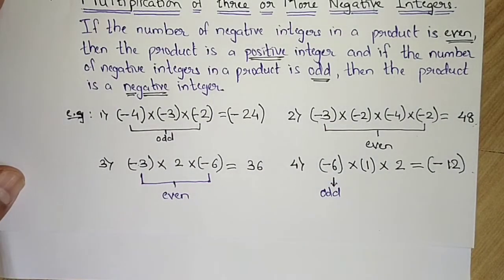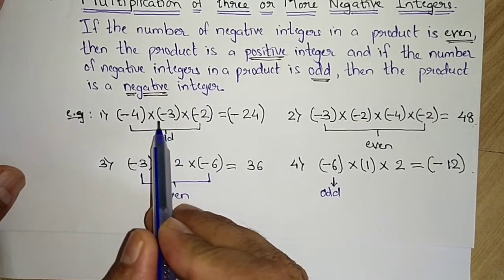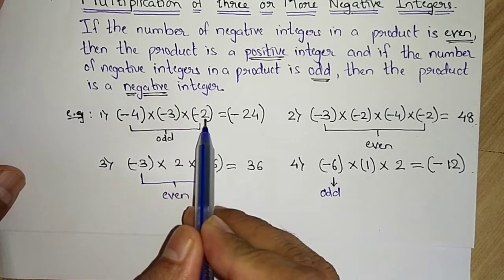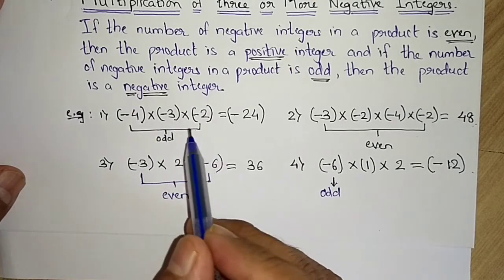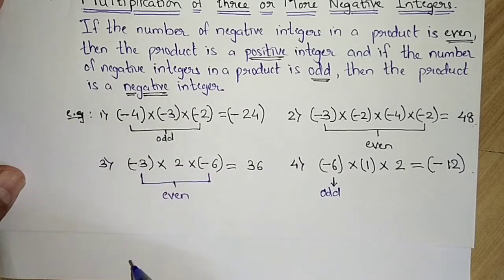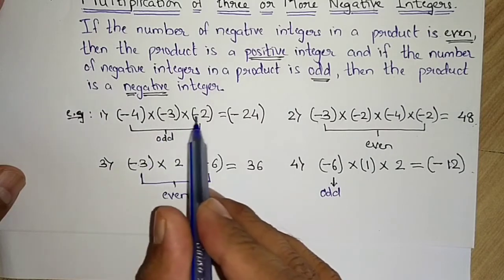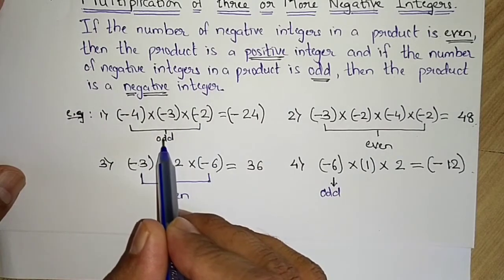Didn't understand? Let us try with an example. See here, minus 4 multiplied by minus 3 multiplied by minus 2. Here we have 3 negative integers and we are multiplying them. Now 3 is definitely odd.